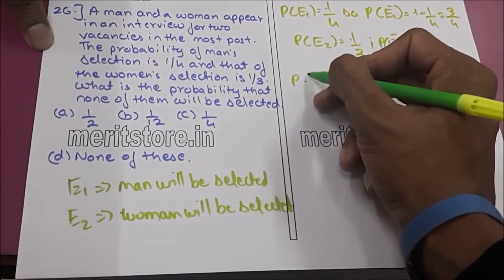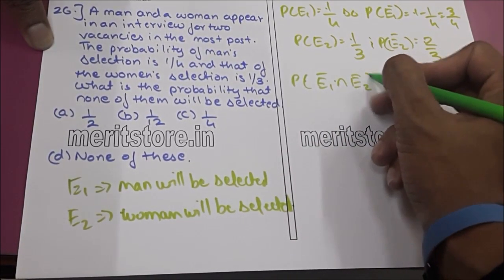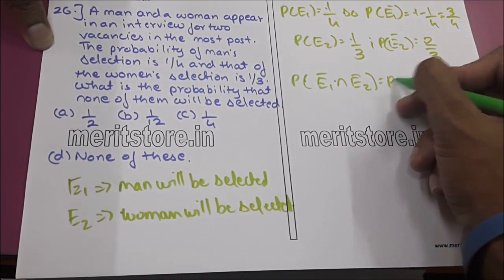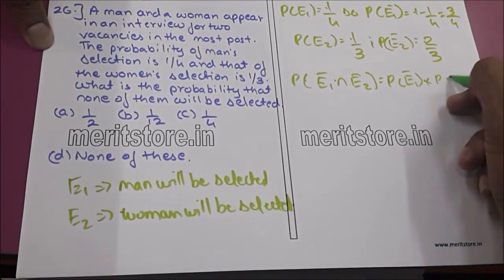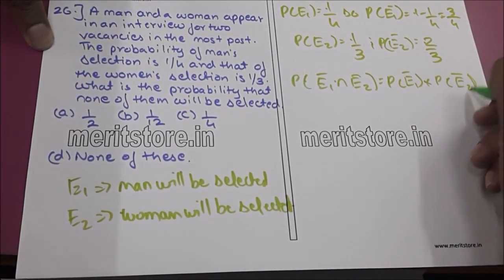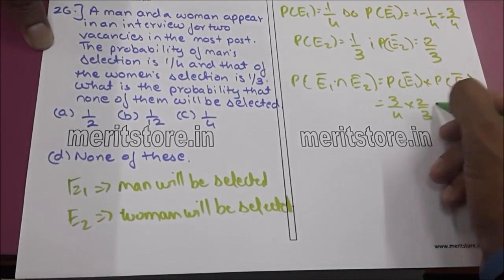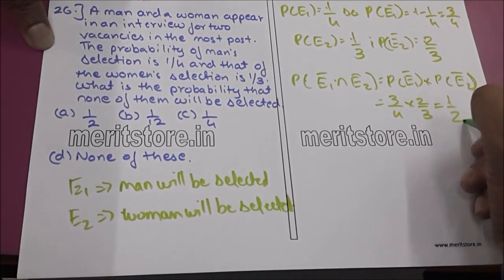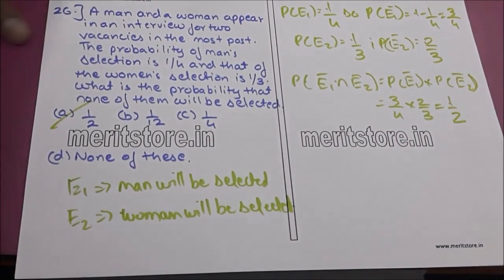So probability of E1 bar intersection E2 bar is equal to probability of E1 bar into probability of E2 bar, which is equal to 3 by 4 into 2 by 3, which is equal to half, which is our option A. So therefore option A is the correct answer.